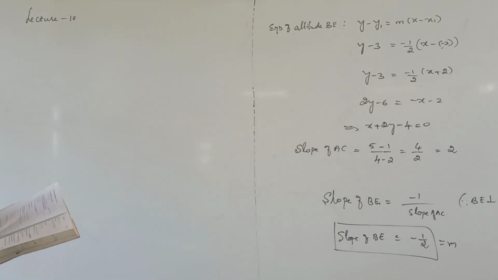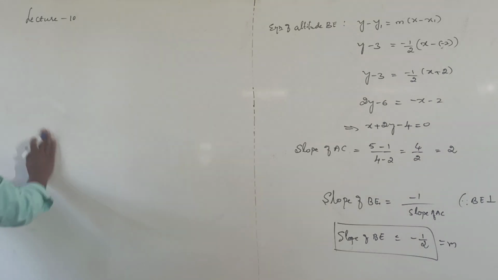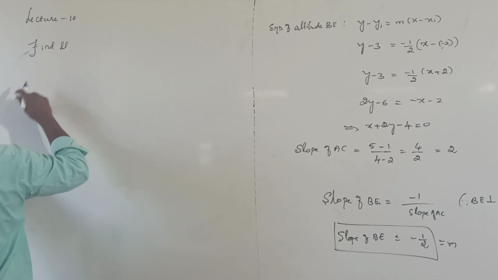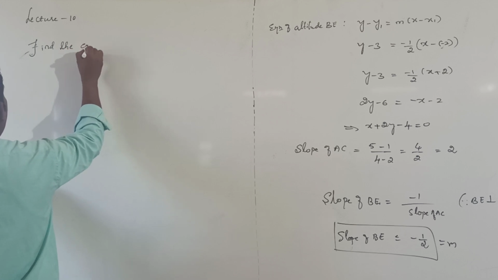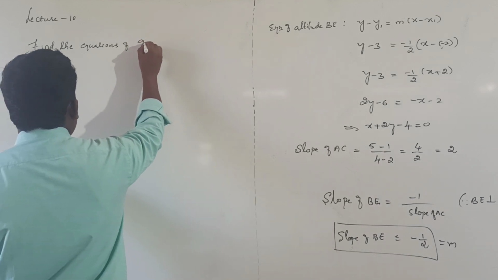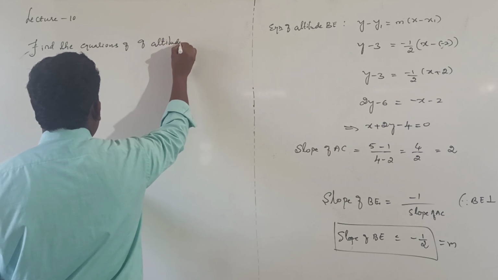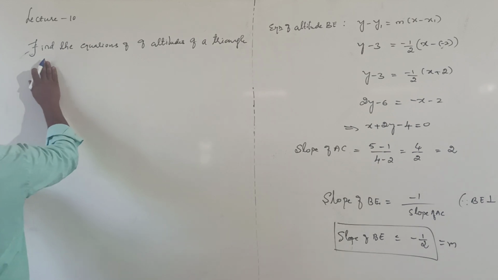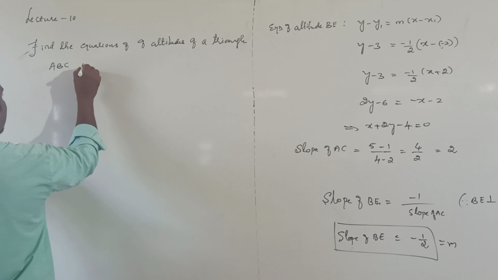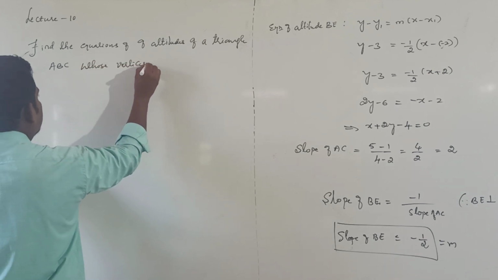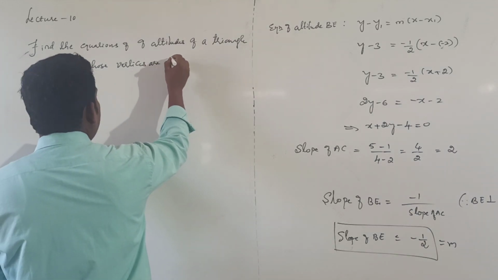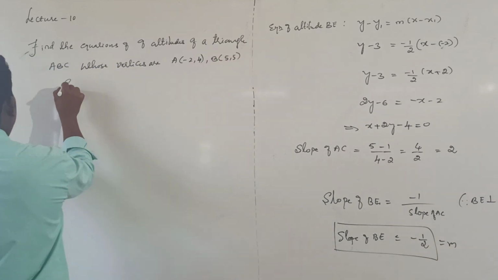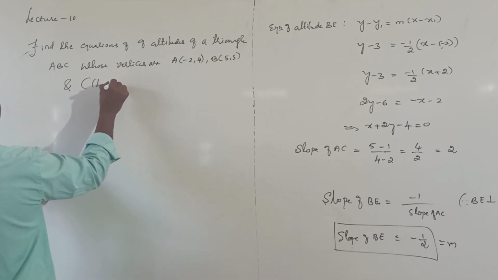Take one homework. Find the equations of altitudes of the triangle ABC whose vertices are A of -2, 4, B of 5, 5 and vertex C of 4, -2.